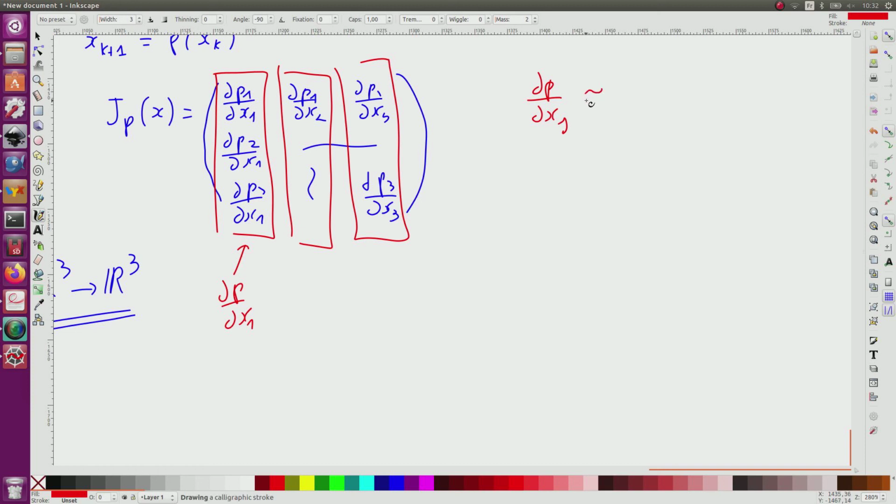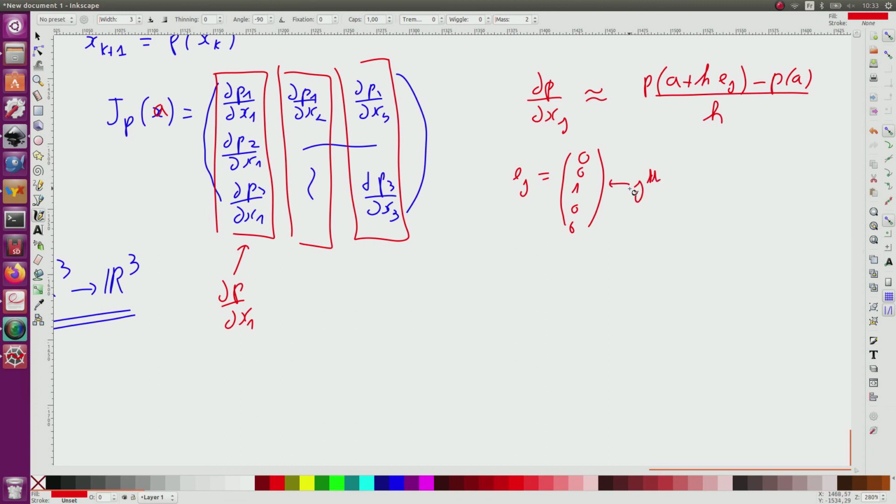And this is approximately equal to, if I want to evaluate at point A, p of a plus h aj minus p of a, divided by h, where aj is equal to 0, 0, 1, 0, 0, where it is equal to 1 at jth position, a jth canonical vector.